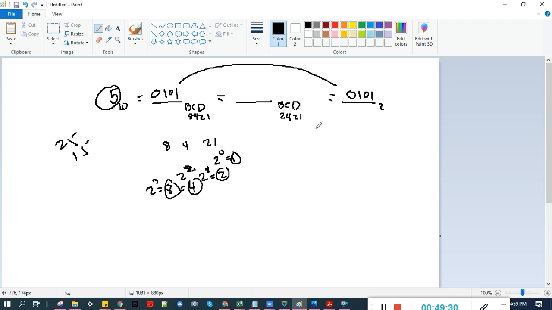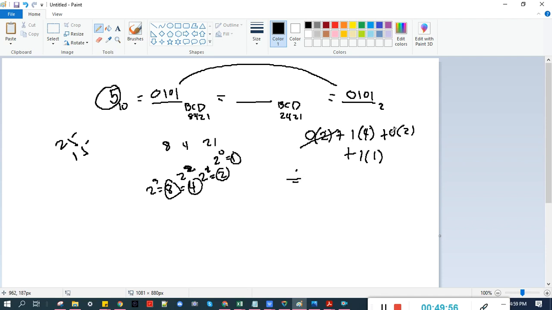So 0101. To convert this into BCD 2421, we multiply by 2421: 0 times 2 plus 1 times 4 plus 0 times 2 plus 1 times 1. So we use 2421 instead of 8421.